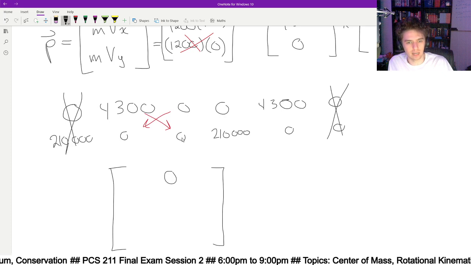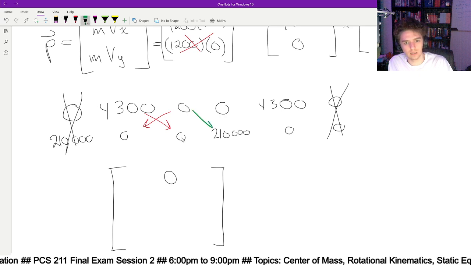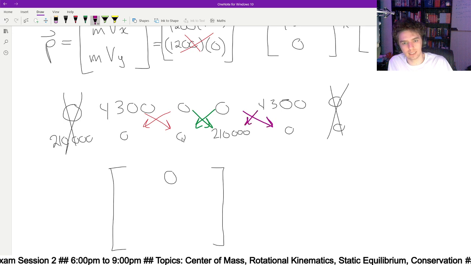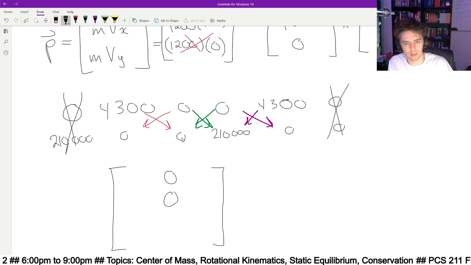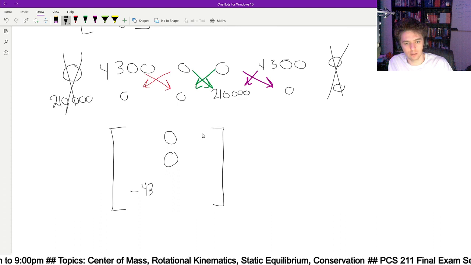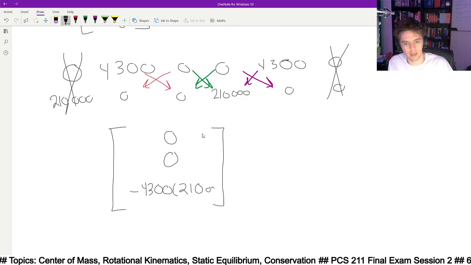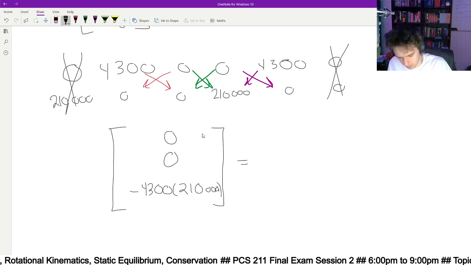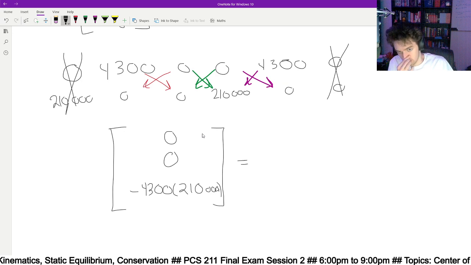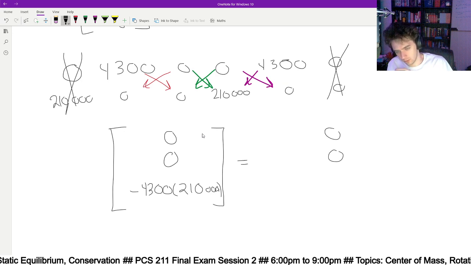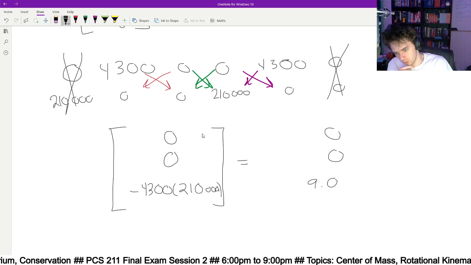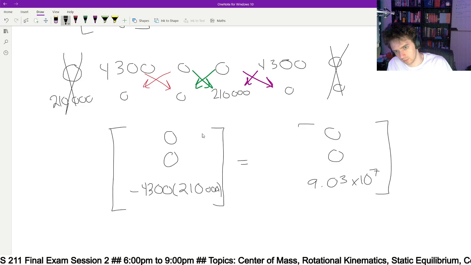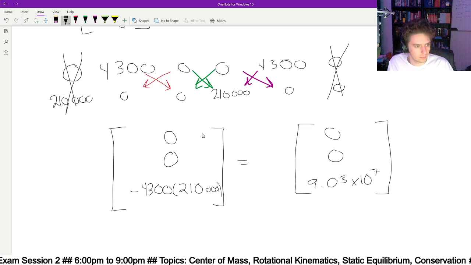This times this minus this times this is 0. And finally, this times this is 0 minus this. That's actually a number there, so another 0 here. So it's just going to be negative 4,300 times 210,000. And I get 0.03 times 10 to the 7.